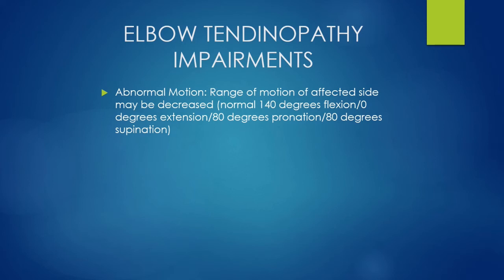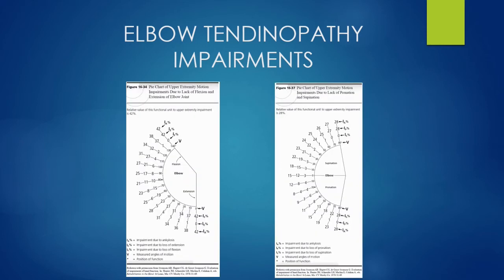So let's take a look at those charts. So here in Chapter 16 of the AMA Guides is Figure 16-34, which gives us our impairments due to abnormal flexion and abnormal extension of the elbow joint. So here is the pie chart. It gives us our flexion and our extension impairments.